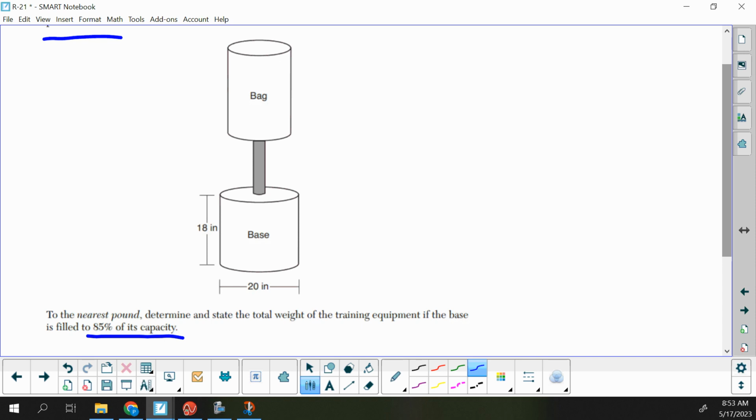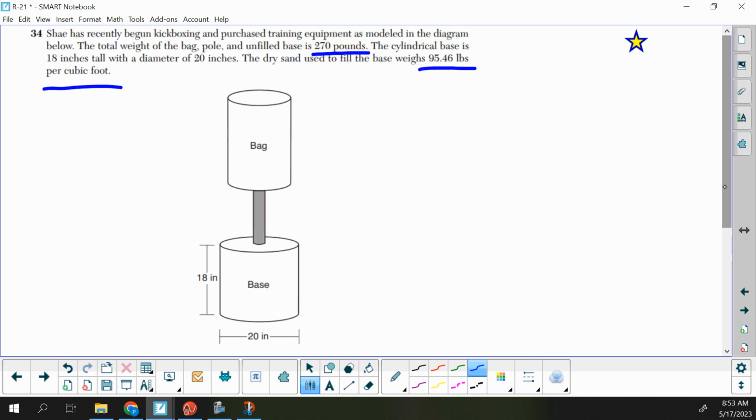Well, notice that in our units, we have pounds per cubic foot, and these are in inches. So first thing we want to do is switch them to feet.